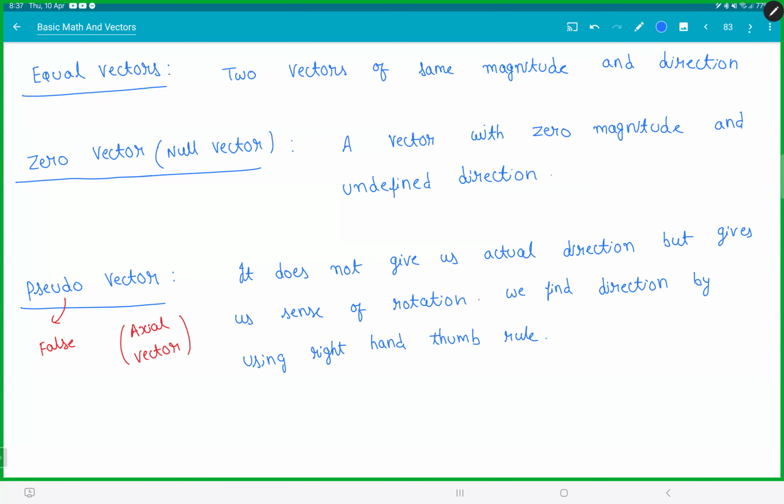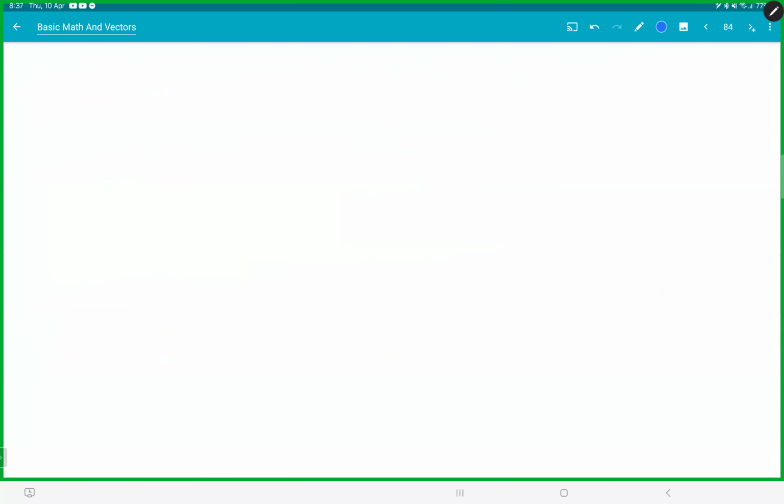So let me show you what this is. Consider a particle going in a circle. We observe at every instant the direction of the velocity changes.